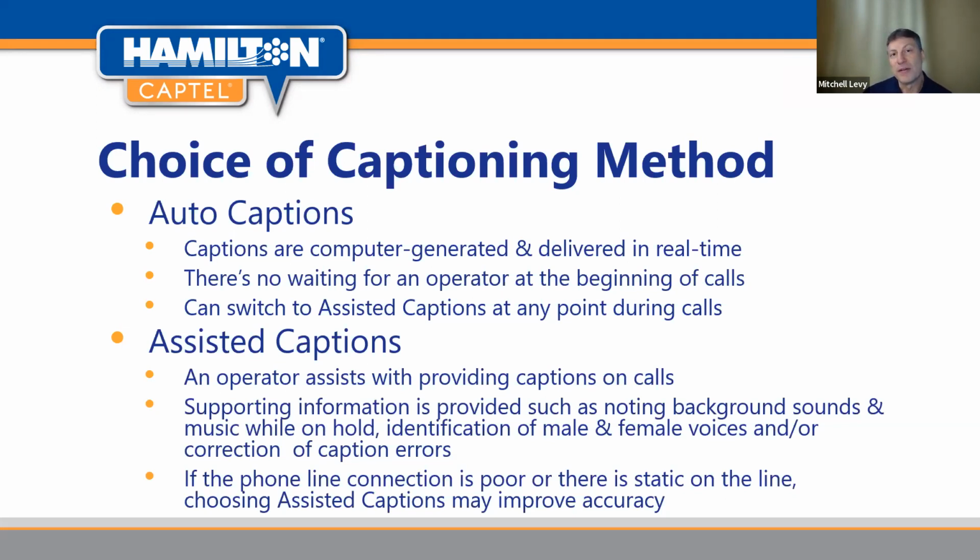It also identifies whether it's a male or a female speaking, as well as correcting the caption if there's any error. So you have those two options, and I will show you during the demonstration where you can find that.